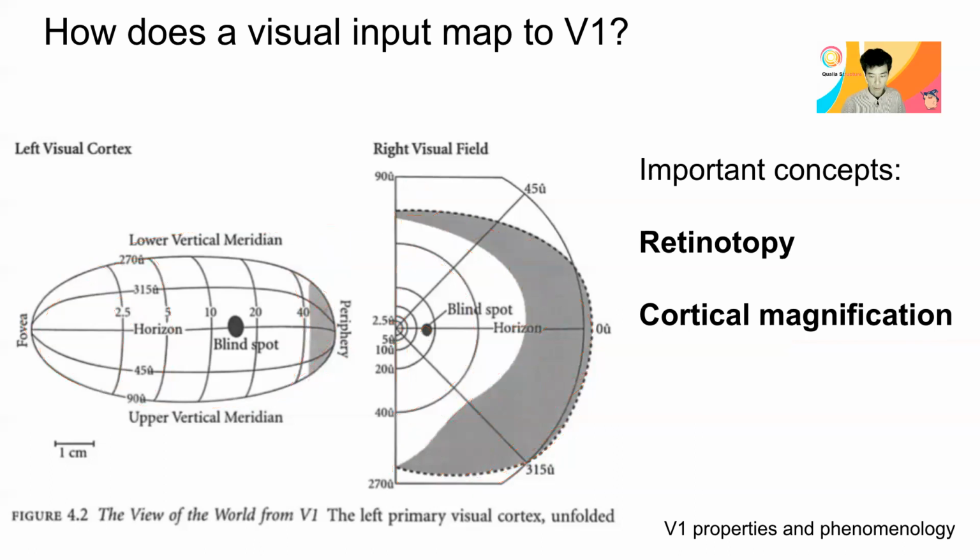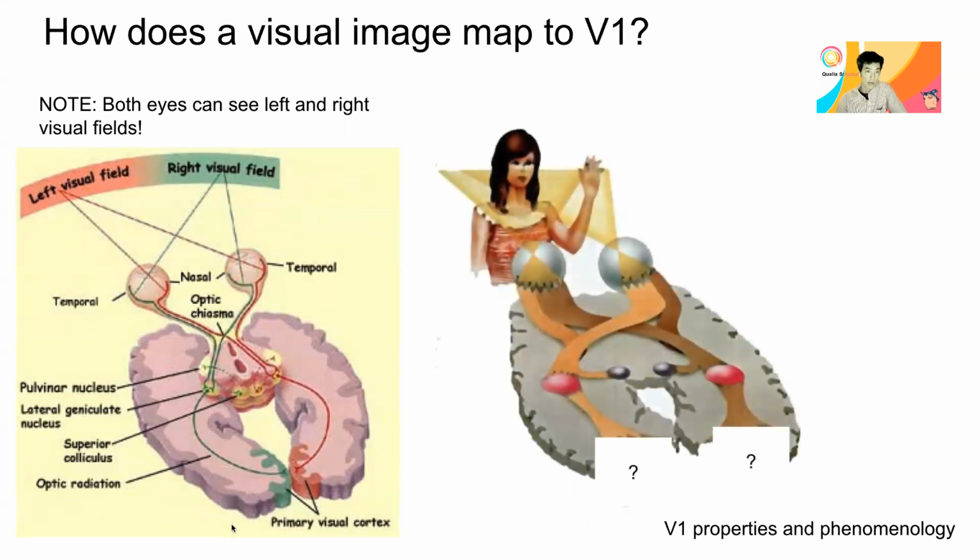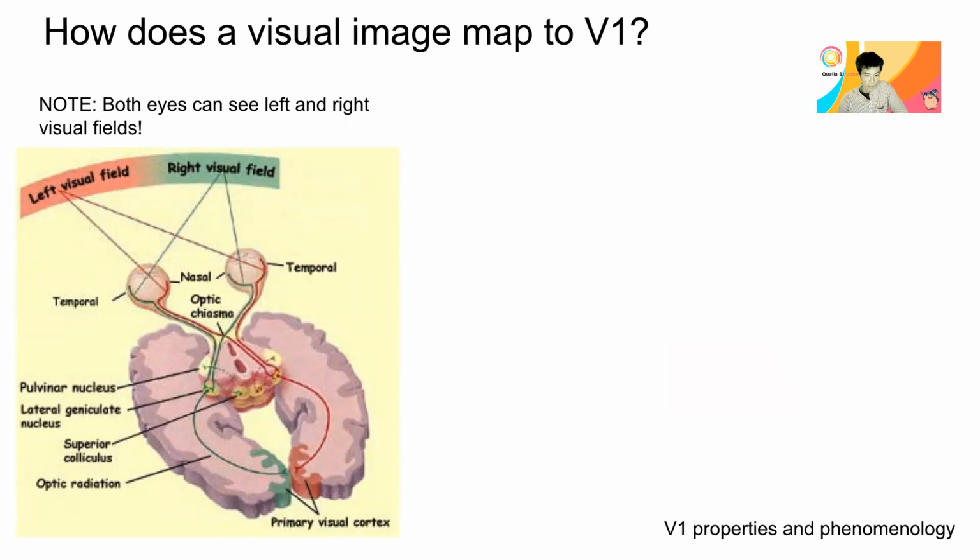And how does it happen is the next question. As I said in the last video, both eyes can see the left side and right side of the visual field. And the right side visual field goes into the left hemisphere's primary visual cortex. So if you're looking at a movie screen while fixating at this red cross, let's imagine that the left side of the screen is red and the right side of the screen is green.